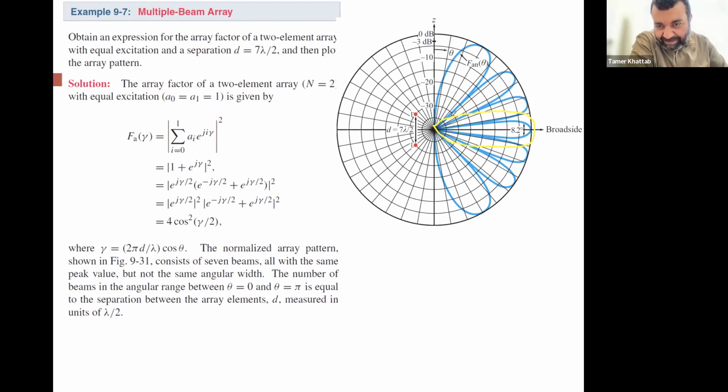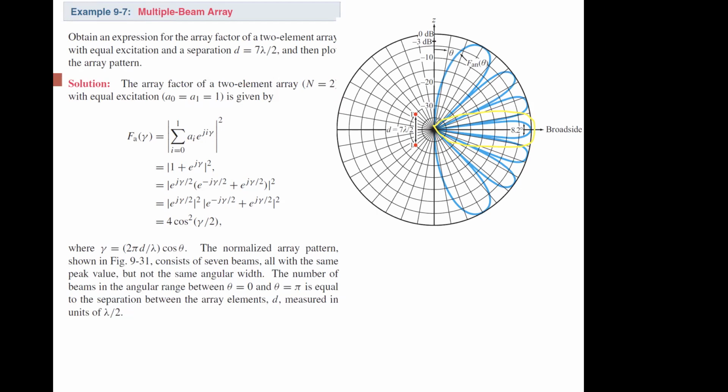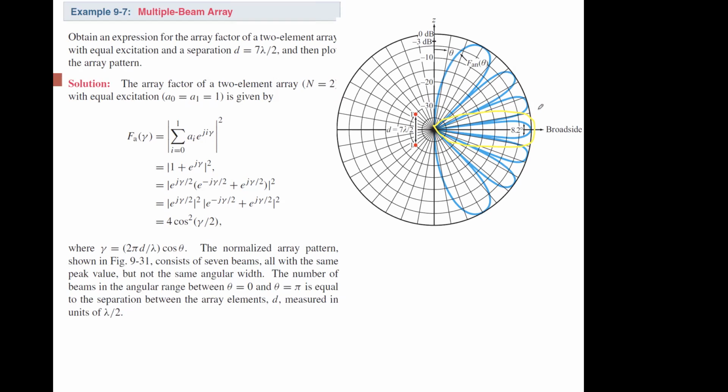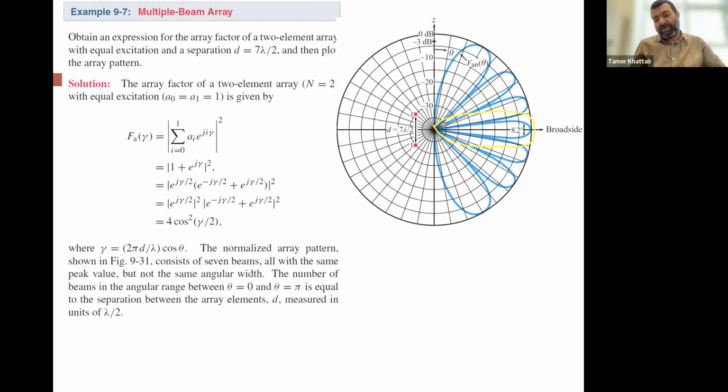Then this one is going to be smaller, and this one even smaller. You need to multiply this value with all those values that you see here. So when you incorporate the actual antenna power density, you will end up with a clear main lobe and other side lobes.